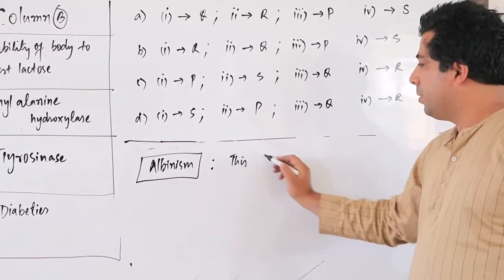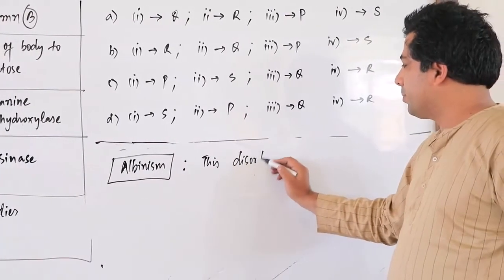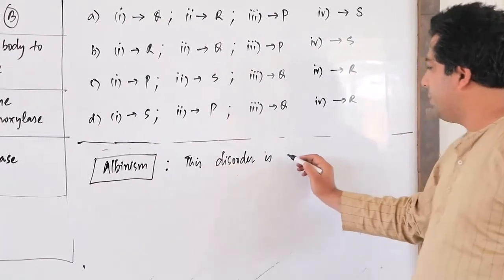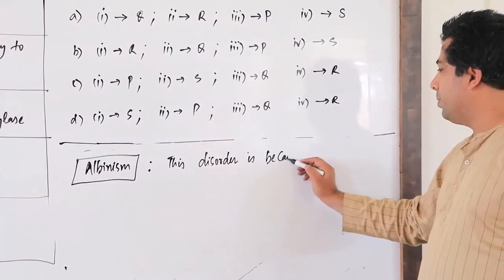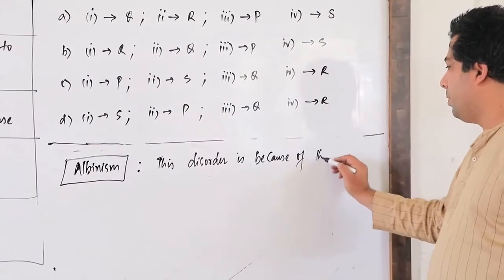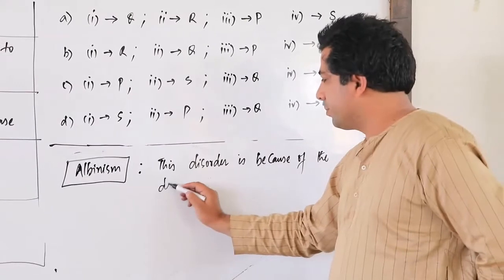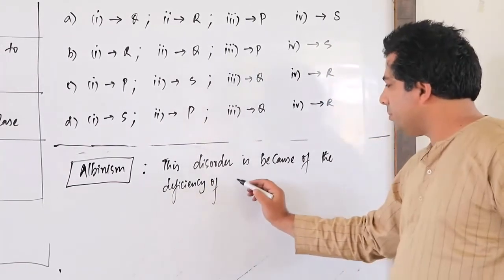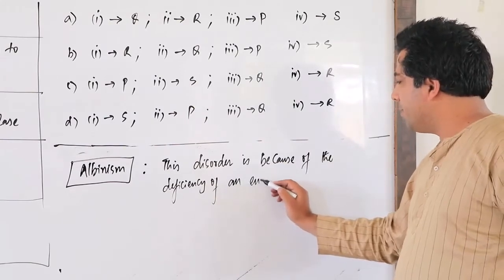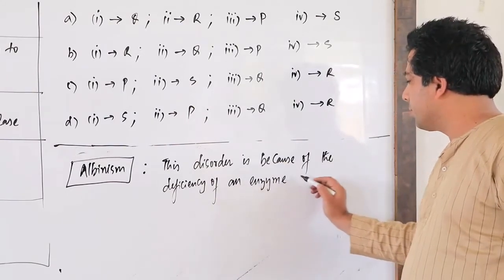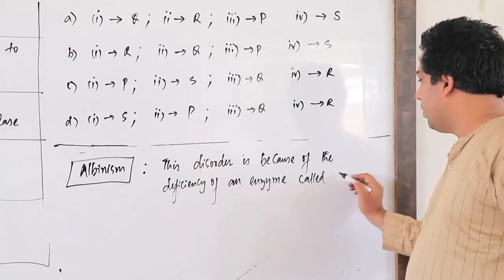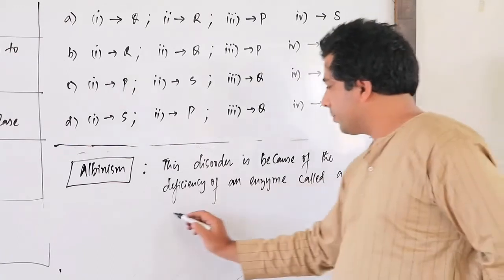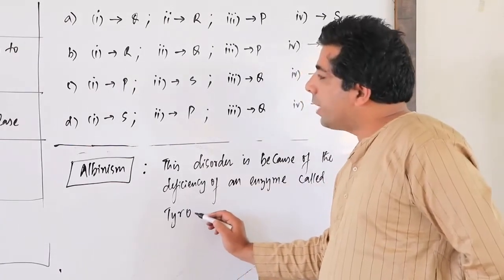This disorder is because of the deficiency of an enzyme called tyrosinase.